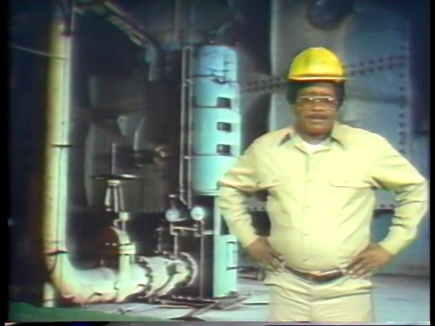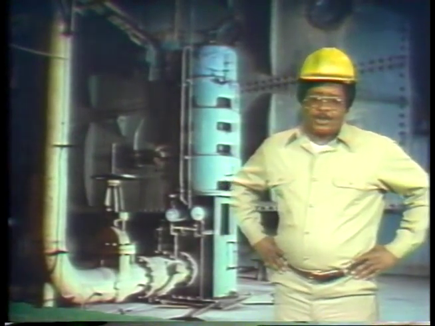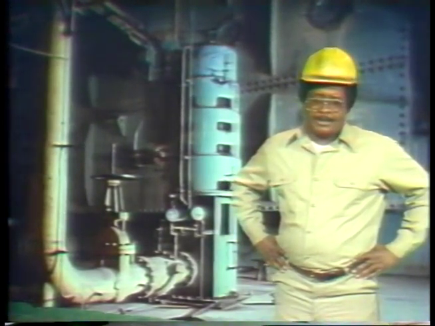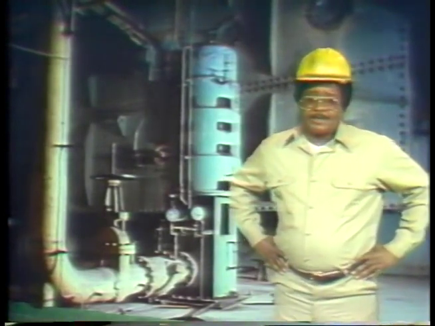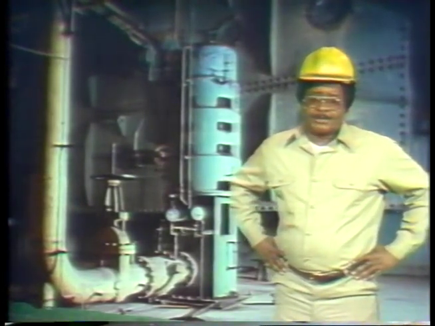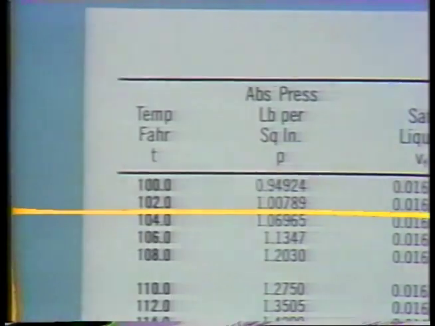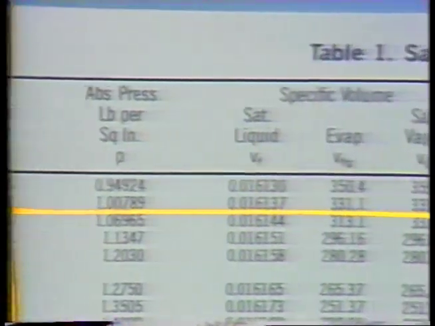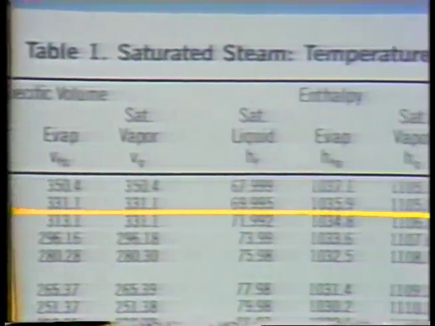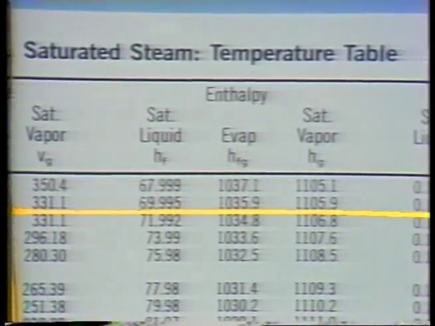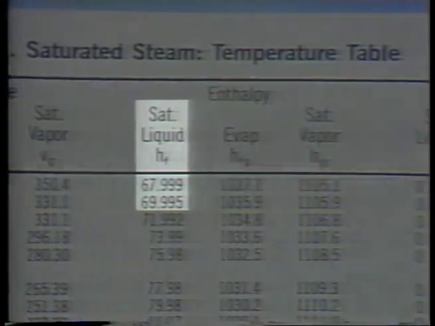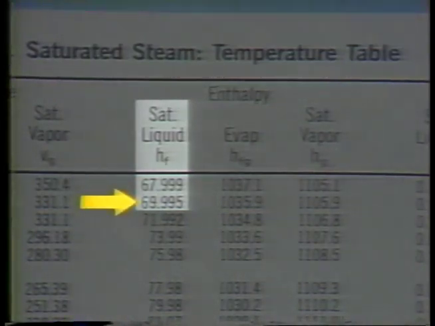Now you can find out something else about the feed water at the discharge of the pump. It's enthalpy. As you'll recall, the enthalpy of subcooled water doesn't change substantially with changes in pressure. So, if you follow the line at 102 degrees across to the enthalpy column for saturated liquid, h sub f, you'll see that the enthalpy of the subcooled water is 69.995 BTUs per pound.